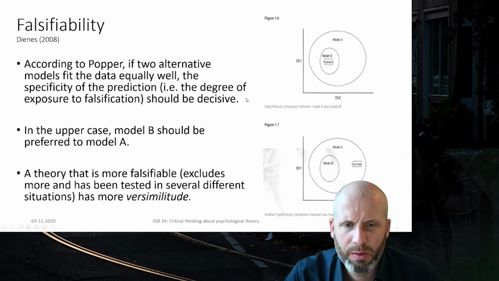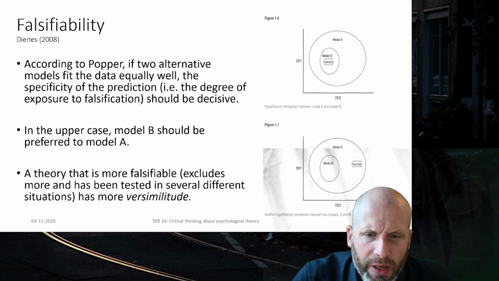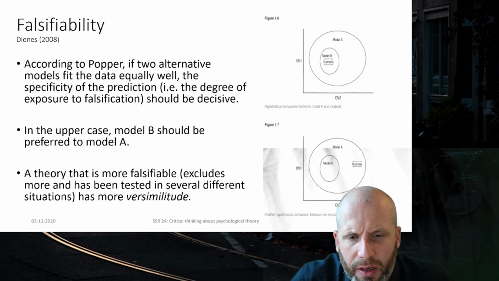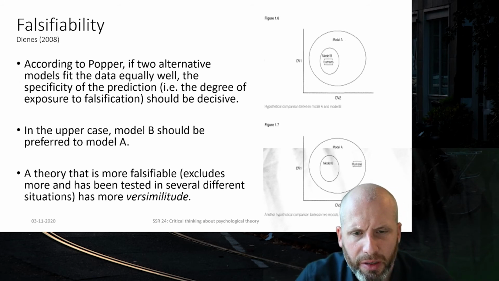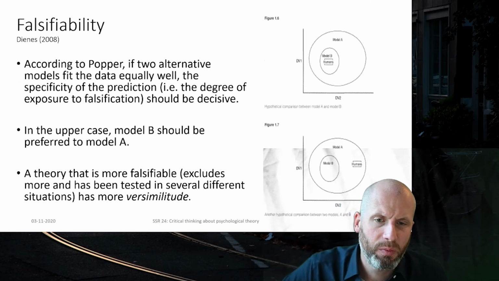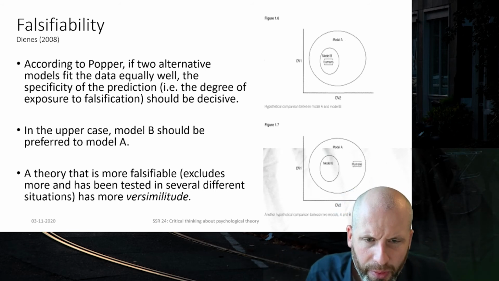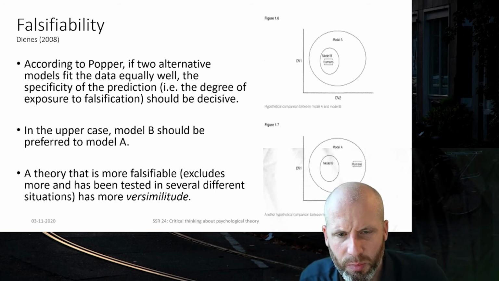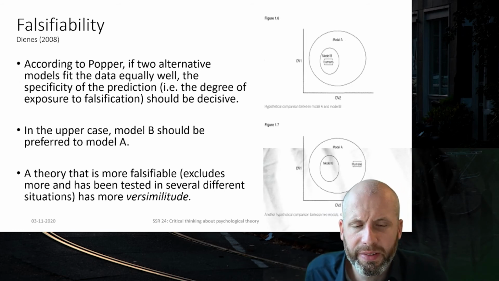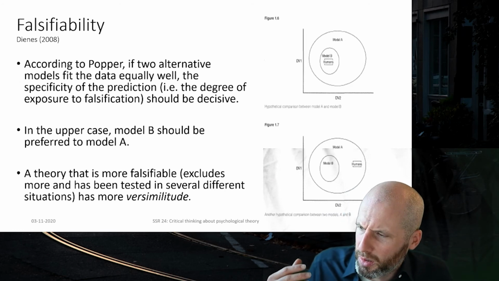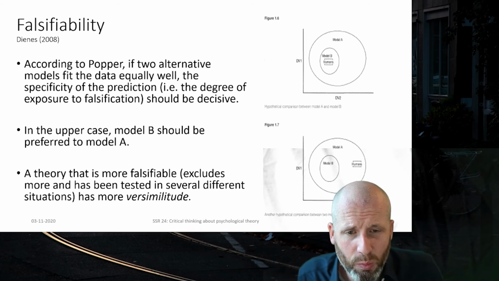So basically what you do with this criterion, falsifiability, is look at 2 competing models, say A and B, and you look at whether they fit the data. And if they both fit the data equally well, then you should prefer the model that's more falsifiable. Because in Popperian terms, the test for the more falsifiable theory was more severe.